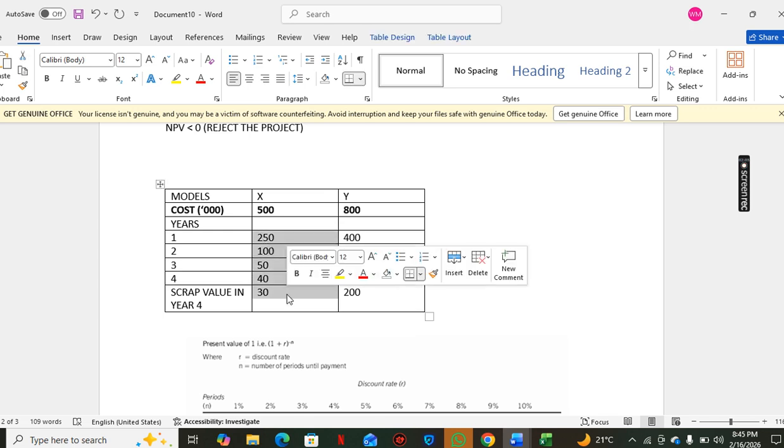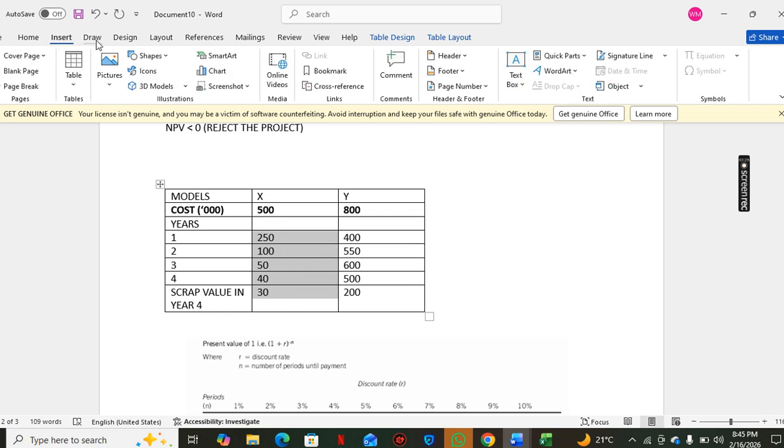So we're going to use the net present value technique, where we're going to discount this money which we're going to receive in the future. All of this, they are forecasts. This is what we expect to get. So this money that we're going to be receiving in the future, we're going to convert it into today's value.